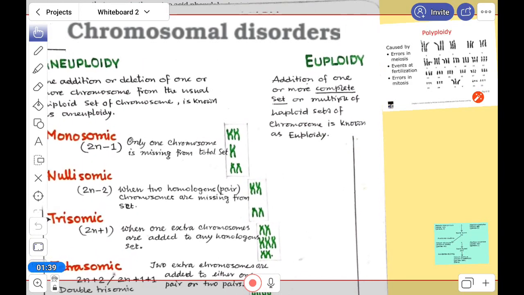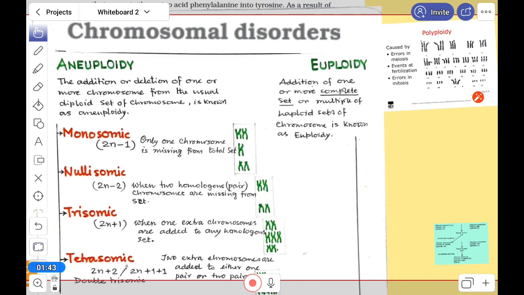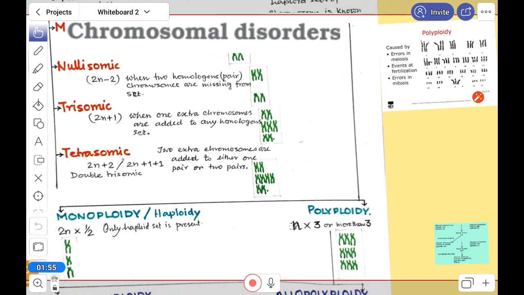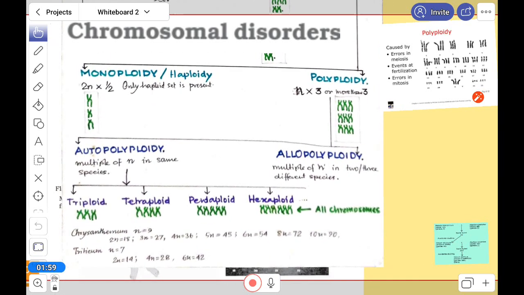Another side we have to see is euploidy. Euploidy refers to complete sets that are multiples of the haploid set. This part includes monoploidy and polyploidy. Monoploidy is when it is a haploid set.